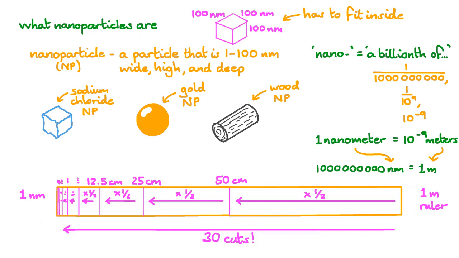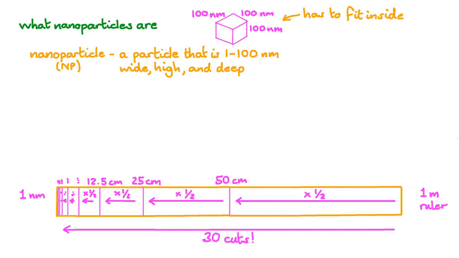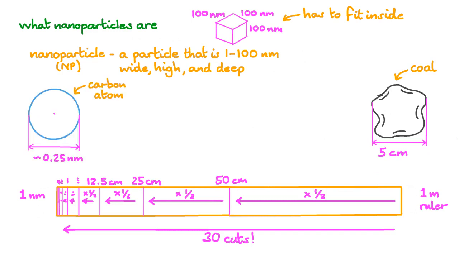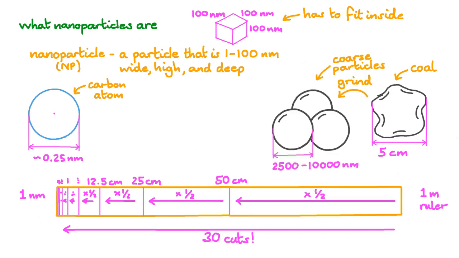30 cuts in total. So how does this compare to the size of other objects? At one end, we have a piece of coal that's about 5 centimeters across that can fit in the palm of your hand. At the other end, we have a single atom of carbon that's about 1/4 of a nanometer across. We can take the big piece of coal and grind it into smaller pieces.